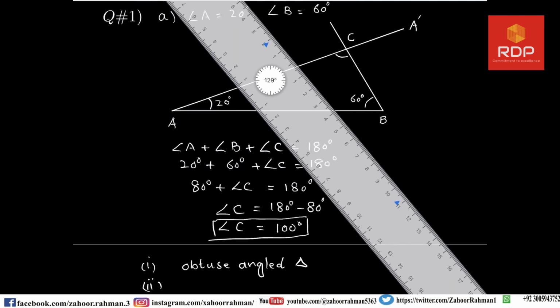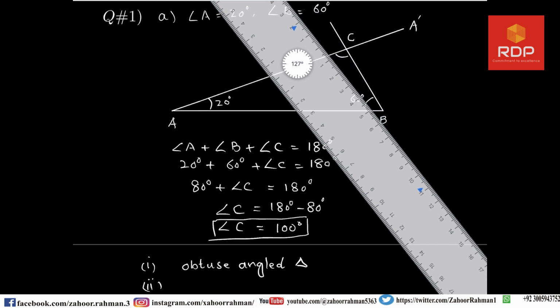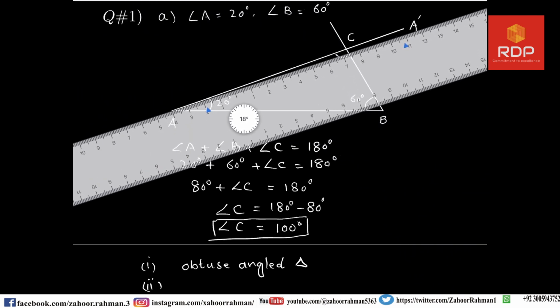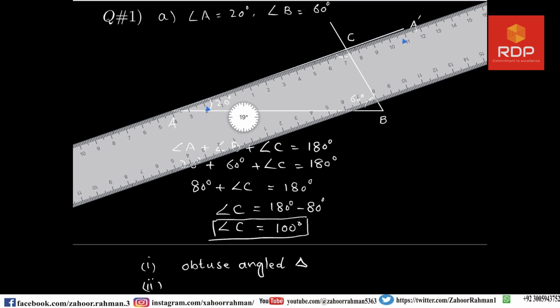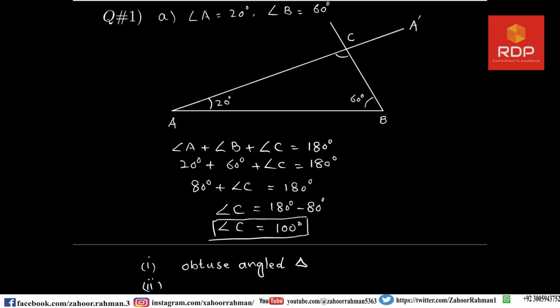But if we are measuring this line, it is roughly 4.5. And similarly, if we are measuring this one, that is equal to 7.3 something. So ladies and gentlemen, because all the sides are not equal, it is a scalene triangle.